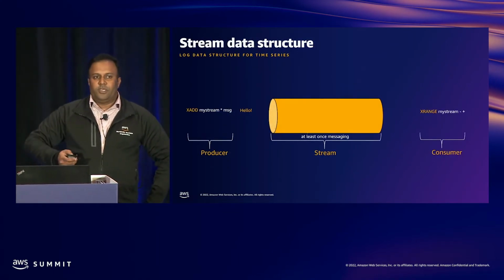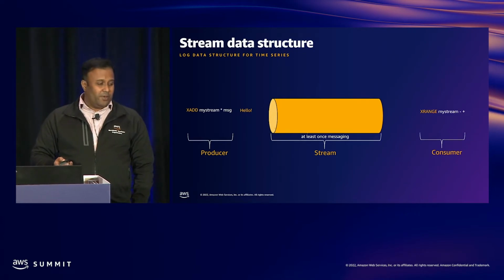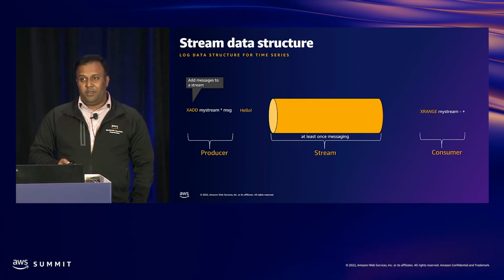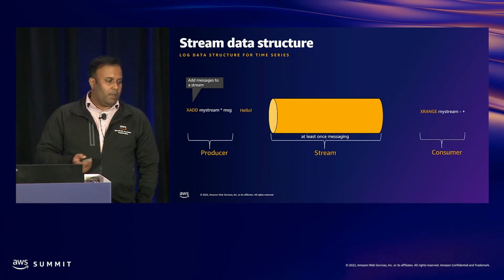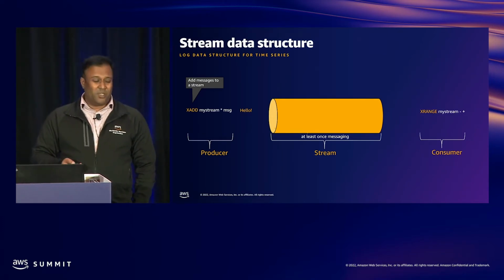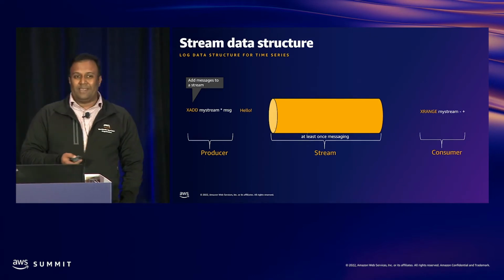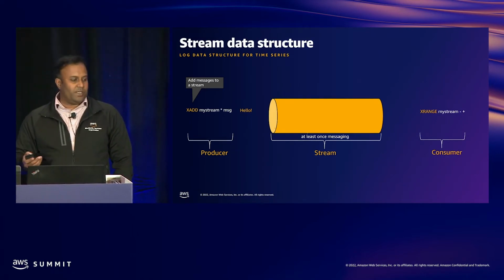And if you wanted to use a streaming data structure for doing this, Redis is becoming really powerful these days with streaming and the streaming data structures. So let me break down what a stream consists of. You would use something like XADD to add messages to a stream.